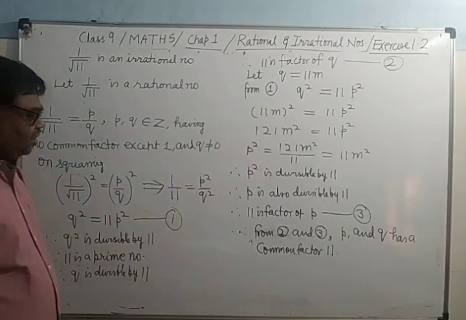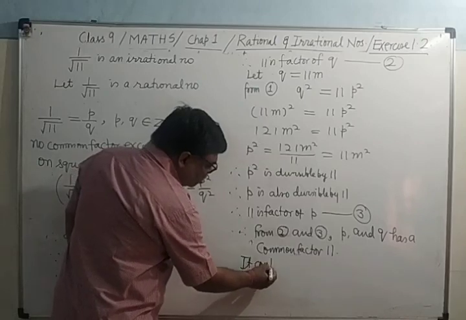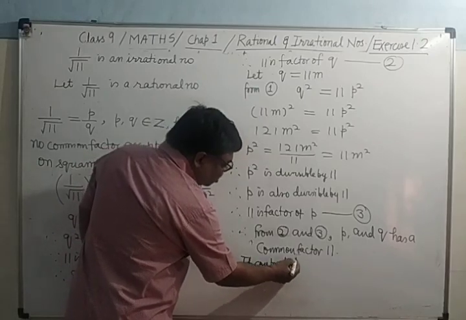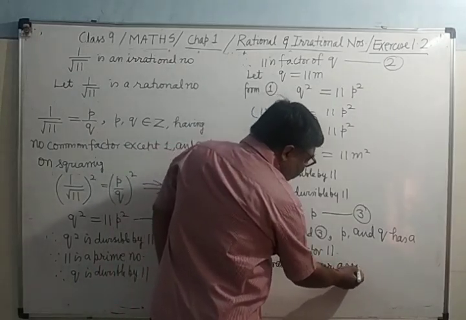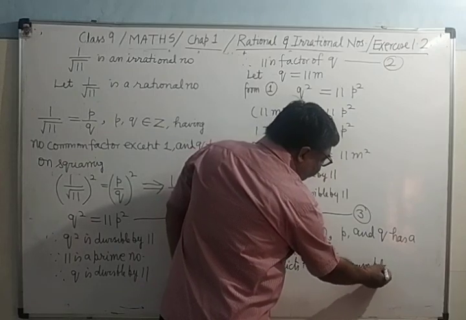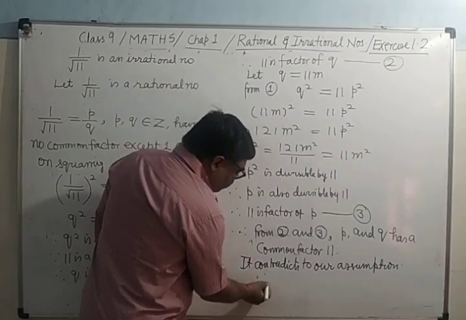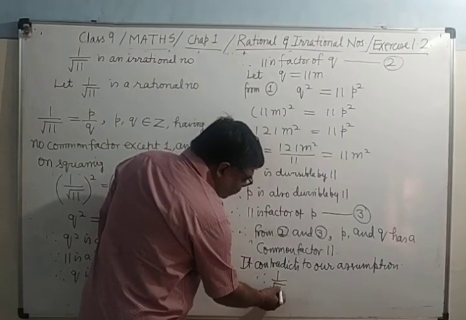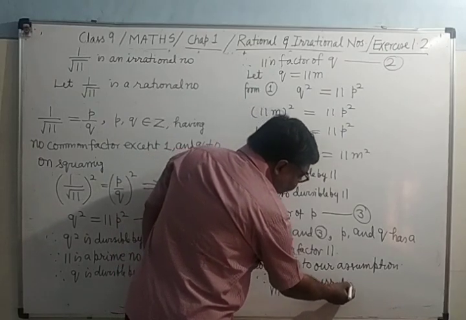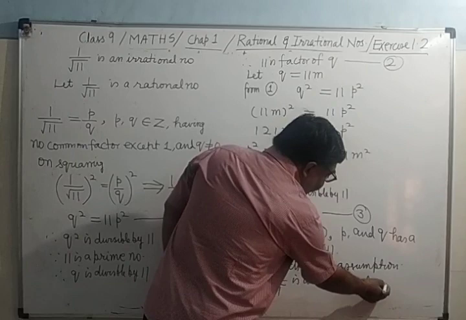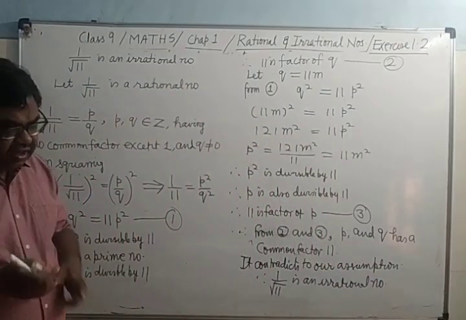It contradicts our assumption. Therefore, 1 upon root 11 is an irrational number. It will be an irrational number. So this way we can do.